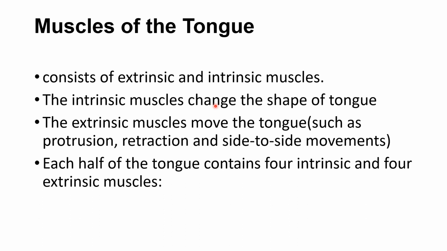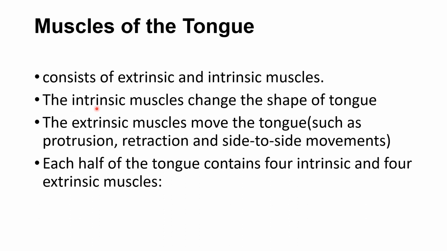So, what are the muscles of the tongue? There are again two types of muscles, extrinsic and intrinsic muscles. As we have seen in the topic of the larynx, the extrinsic muscles connect that specific structure to adjacent structures, and intrinsic muscles are those which are present inside the organ itself, and they do not take part in connecting that organ with another organ.